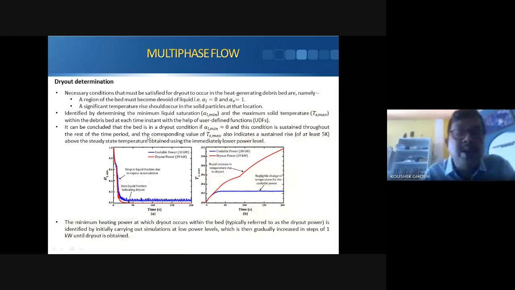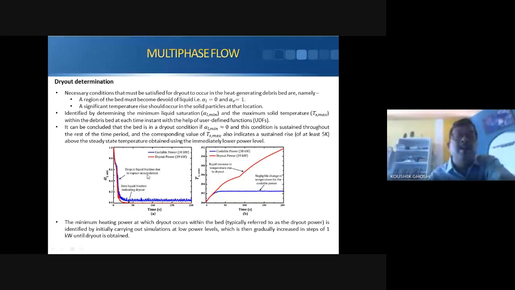Now, how is the dry out estimated? This is done in a very indigenous, innovative way. When the bed is devoid of liquid, alpha L is checked first.